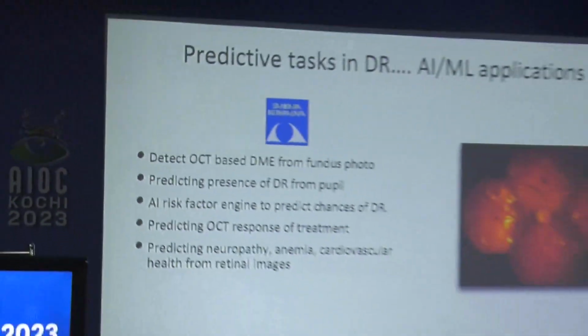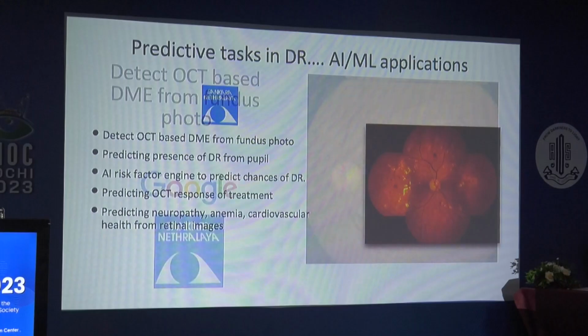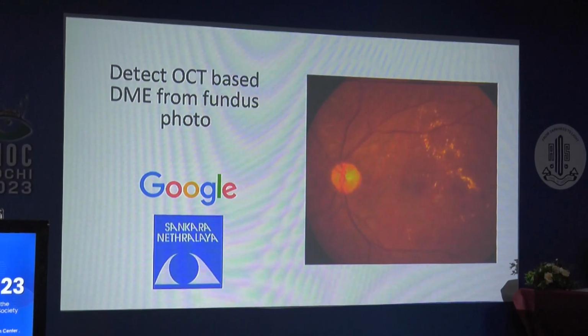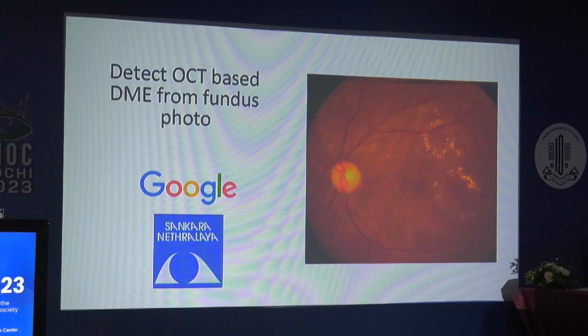Essentially, I want to tell you that AI is changing a lot of things. It has a lot of predictive value, and what they are trying to do is to detect the thickness of the retina just based upon fundus imaging, so that what OCT can give you, AI can give you on fundus imaging.